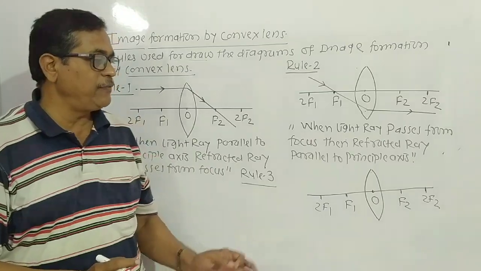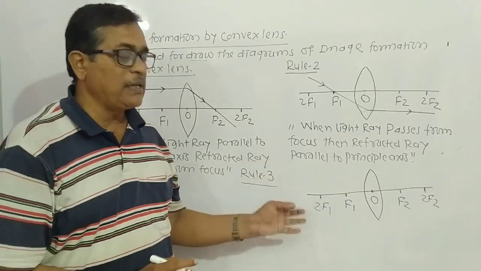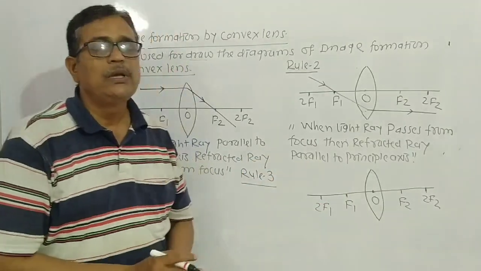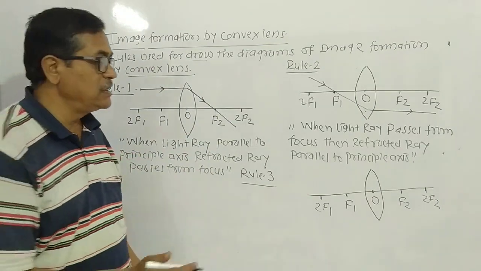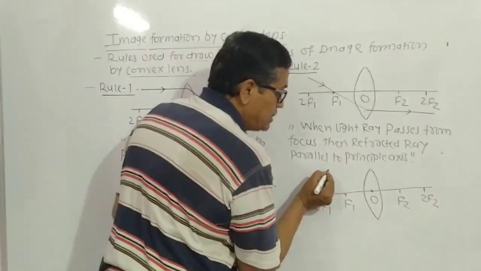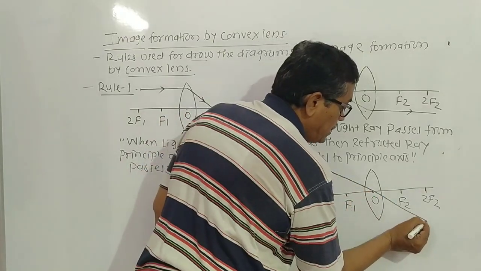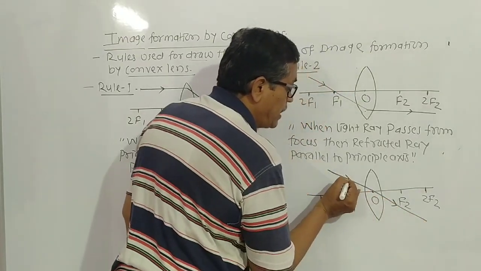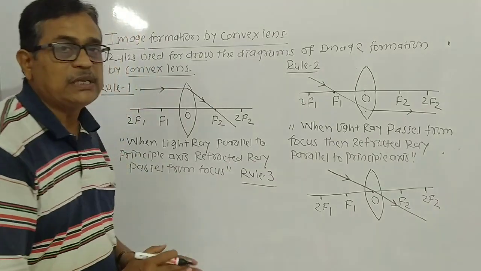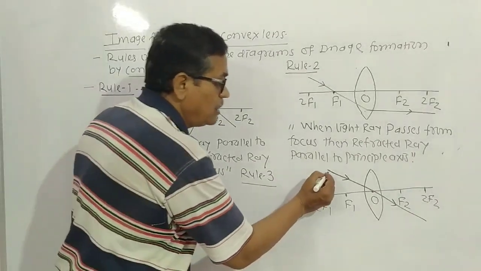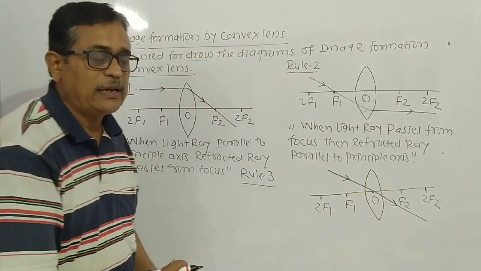Means any light ray from any side which passes through optical center O, it passes straight without changing the direction. Means in this way, when light ray passes from optical center O, it passes straight without changing the direction. Here no change in direction.